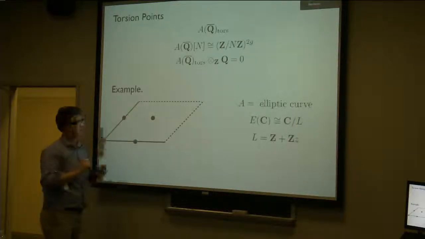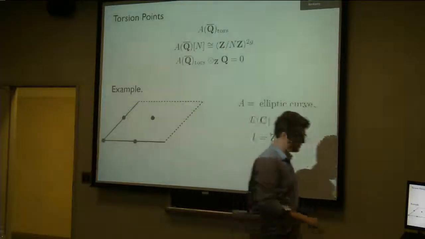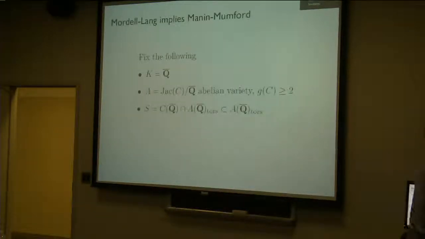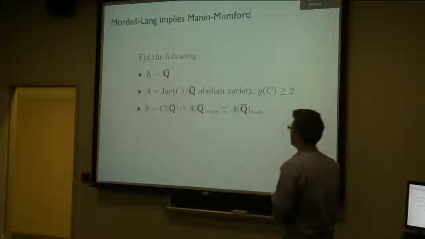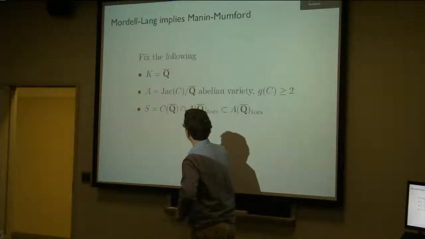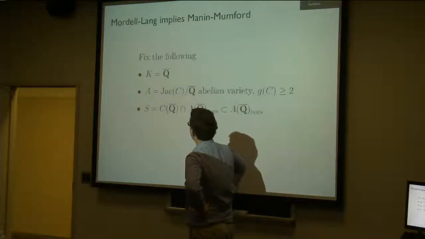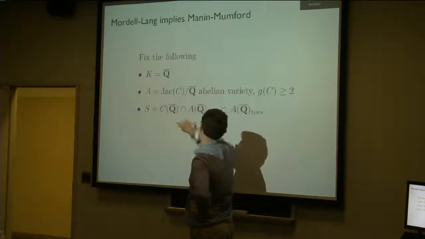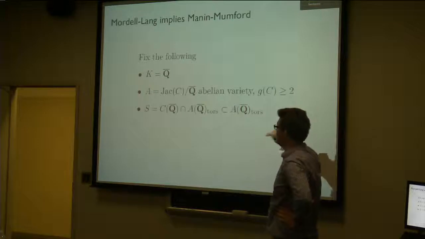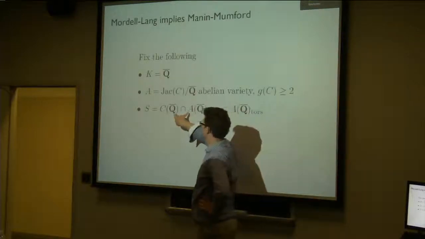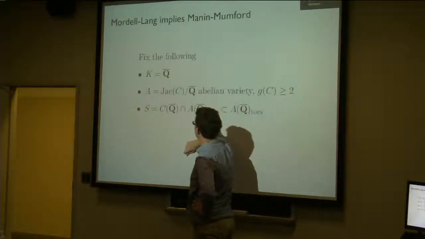What's interesting about this theorem is that in this case I take k to be Q bar, A to be the Jacobian of a curve over Q bar, I take the genus to be greater than or equal to 2, and I take S to be the intersection of these two things.